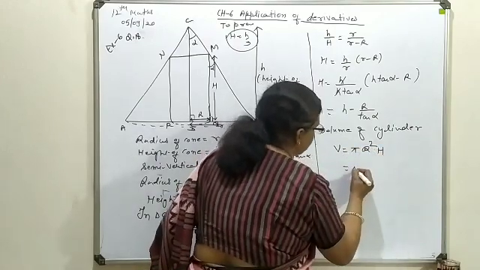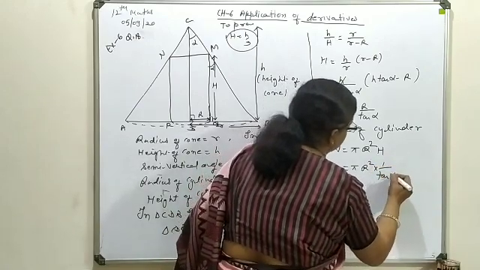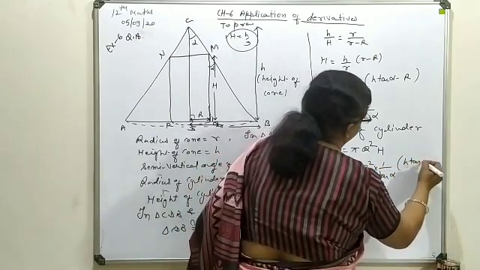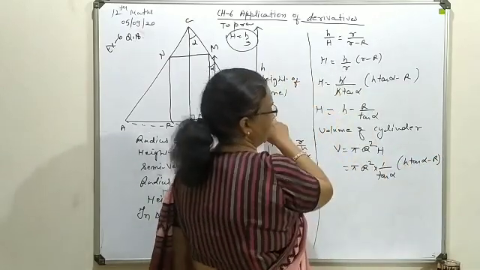H you go for substitute here. What we already have is H tan alpha minus r upon tan alpha.